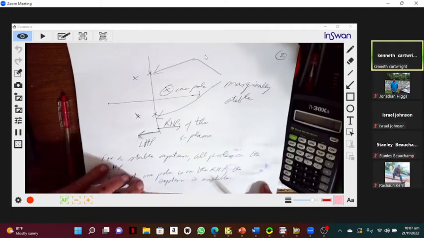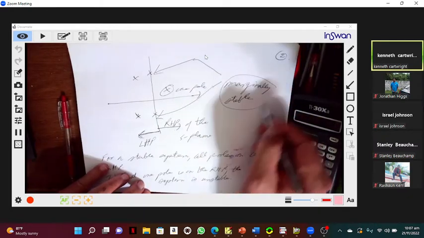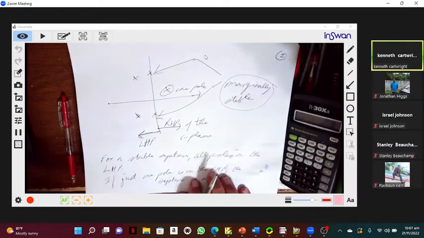In practice, we want marginally stable systems when we want to create an oscillator. An oscillator is the thing that is in signal generators in the lab. That's how you generate a sine wave. To generate a sine wave, we need to create a marginally stable system.